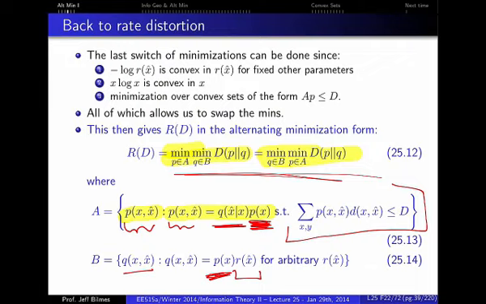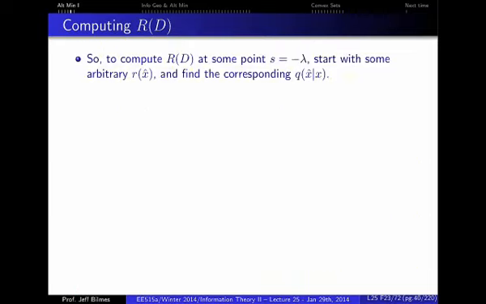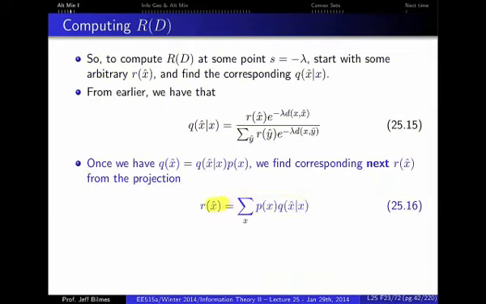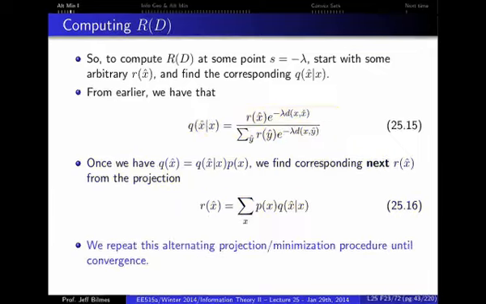This second optimization over B might seem really hard, but we actually know how to do that now. That's just basically this marginalization. So we just iterate back and forth with those equations, and we do this until it converges, hopefully.